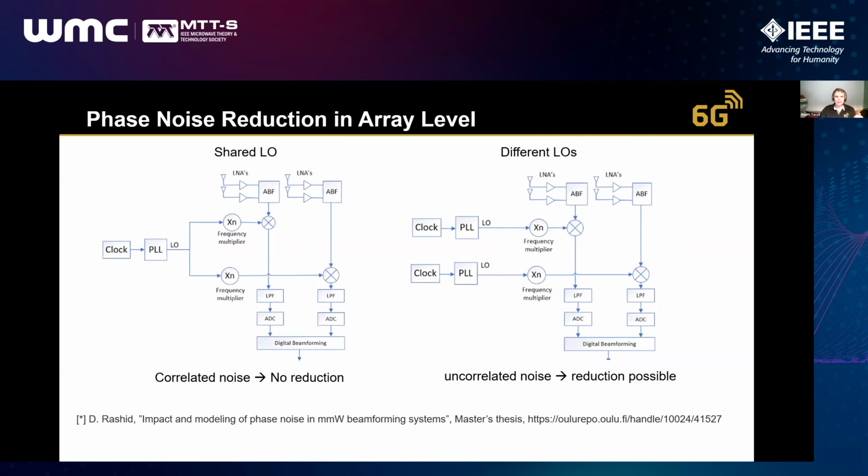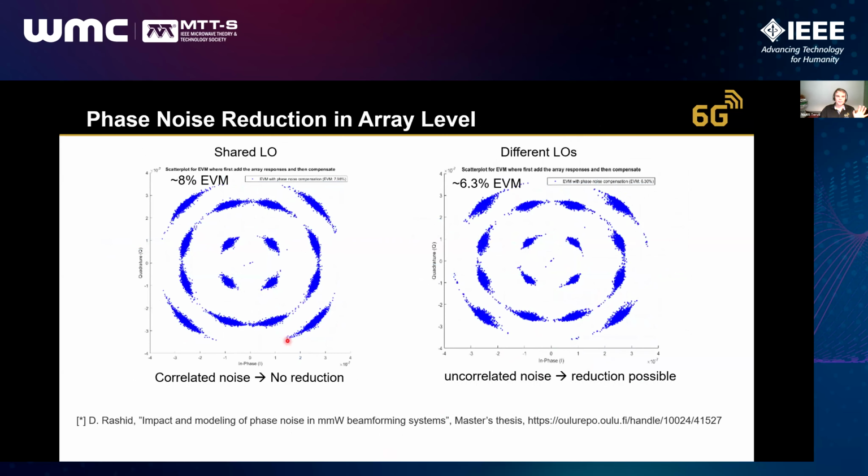The same thing can be done for phase noise as well. If you have the same LO for all antennas, you will have a certain EVM. But if you have a different LO for individual antennas, and this is now only with 2 antennas, with somewhat uncorrelated phase noise sources, you can of course get benefit from that effect, but that will cause some other problems that you need to deal with.